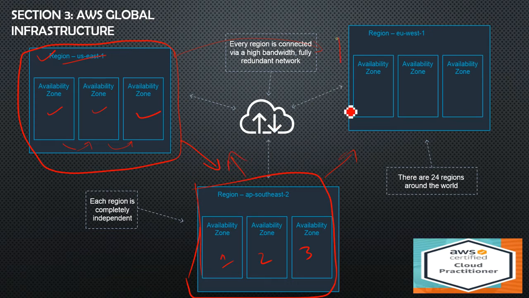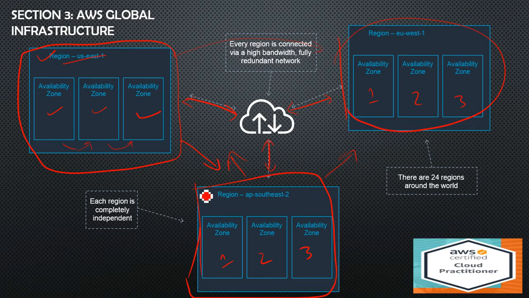Likewise, you have another region in Europe West, again with 1, 2 and 3 AZs. They are separate from each other, but they are directly connected through the low latency, high throughput network of AWS, right?